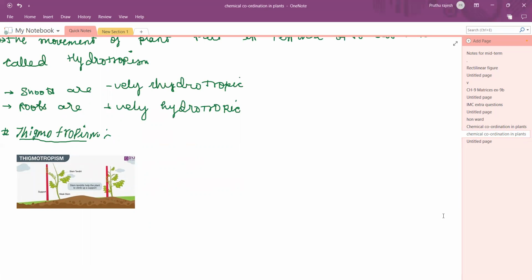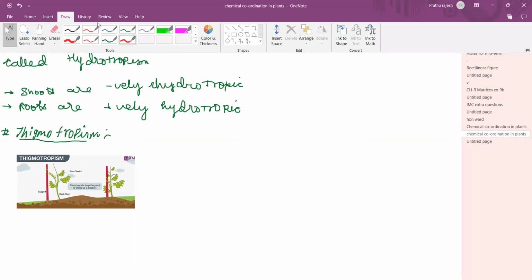So touch tropism. I'm going to give you some examples also in this. No examples till now, so I'm going to give you some examples in this too.